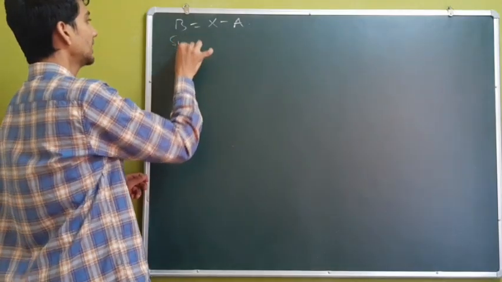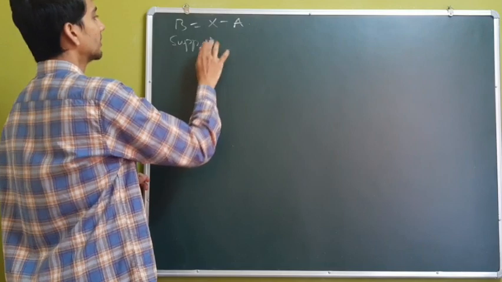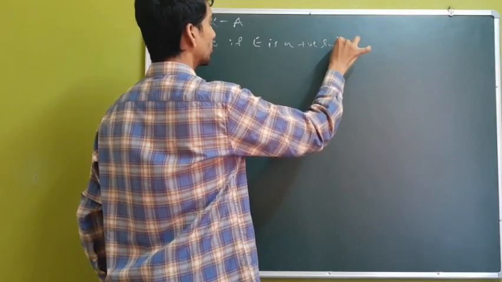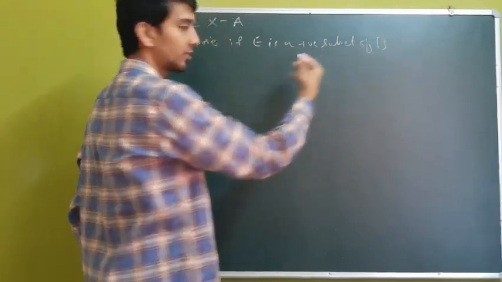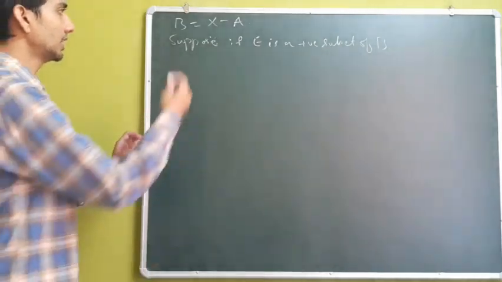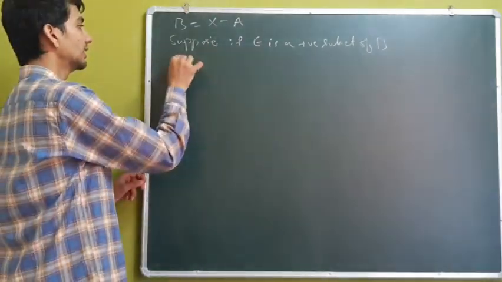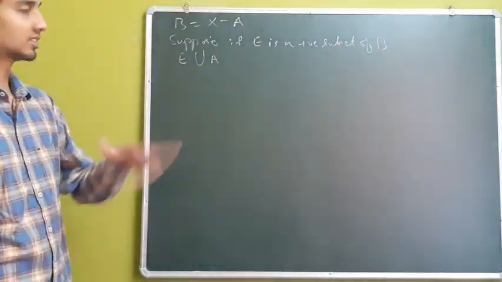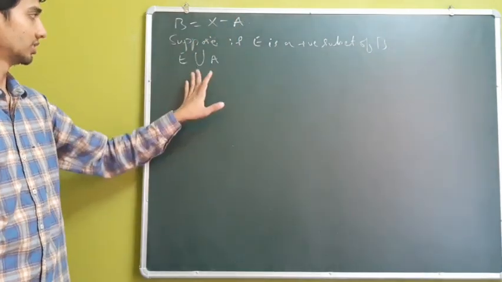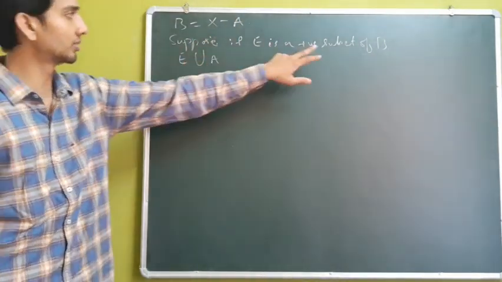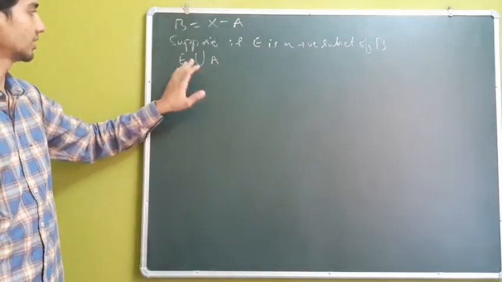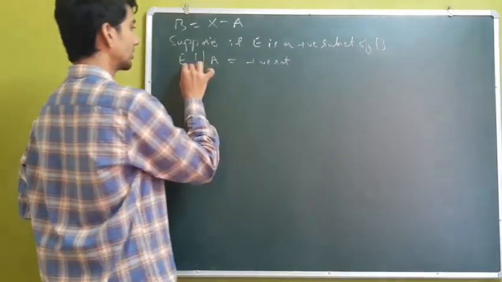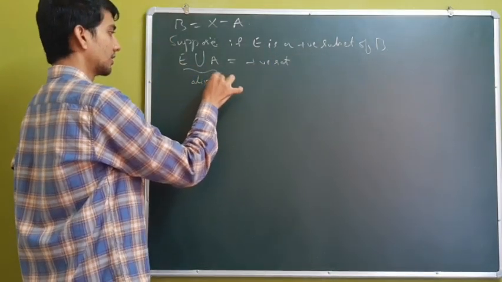Suppose E is a positive subset of B. Then E union A is also positive, and E union A is a disjoint union, since B is X minus A. So this is a disjoint union, and E being a positive subset and A being a positive set, the union of positive sets is positive. So this is a positive set, and also disjoint.